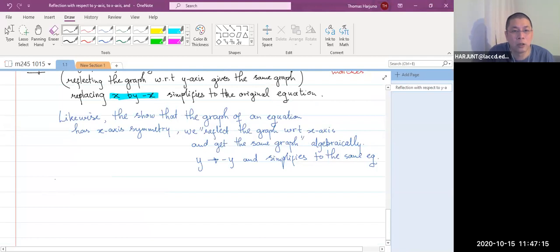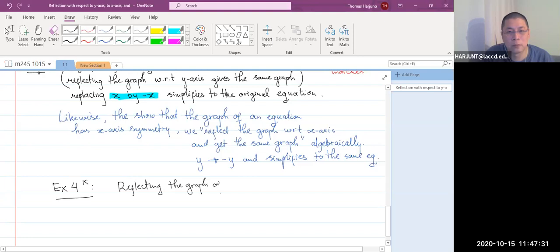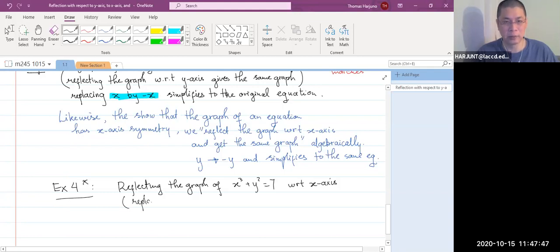So in example 4b, reflecting the graph of x cubed plus y squared equals 7 with respect to the x-axis, basically replacing y by negative y and simplifies.